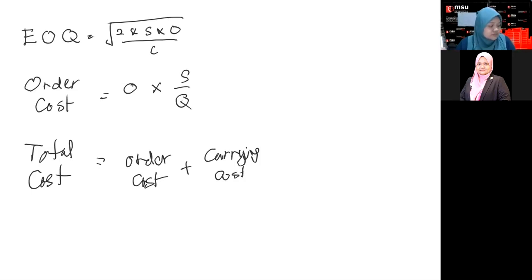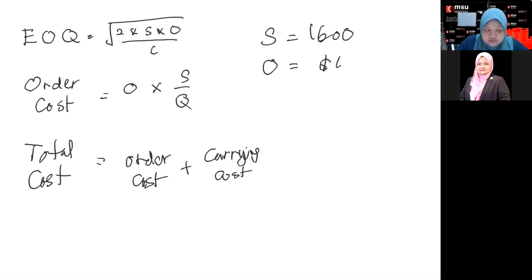All right, so let us do an example. The example given to you: S is 1,600. The ordering cost is equal to $50.